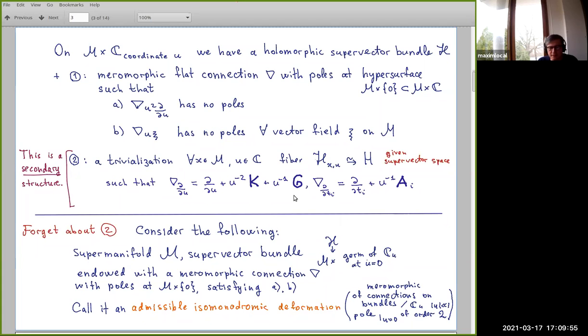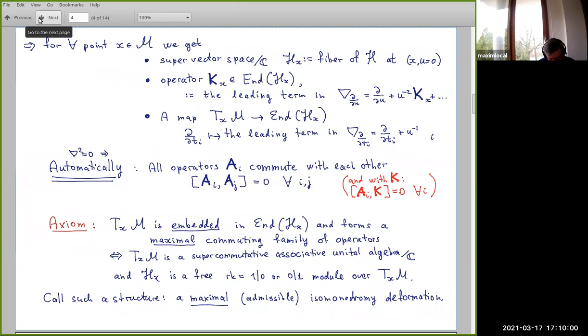Okay, so we get this gadget. Now, what can we do? First of all, if you have a point on my manifold M, the parameter space, then I get a distinguished supervector space, which is the fiber of my bundle at the point x and second coordinate u equal to 0, called H_x. Because it's now not trivialized, it's just some holomorphic vector bundle.